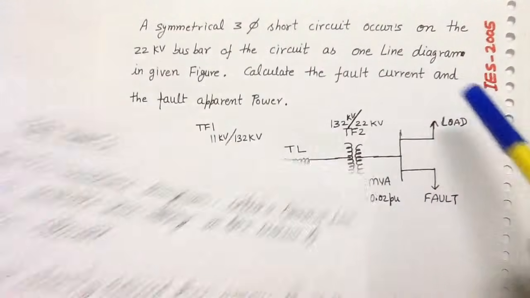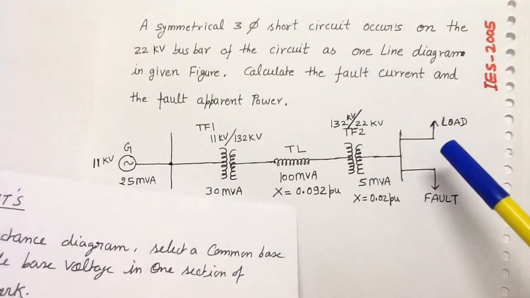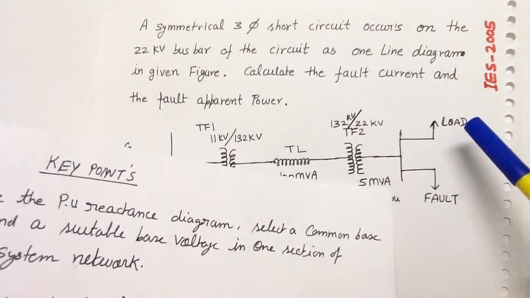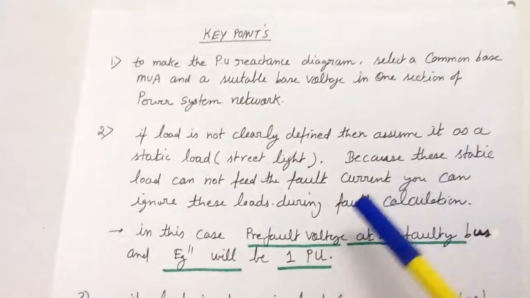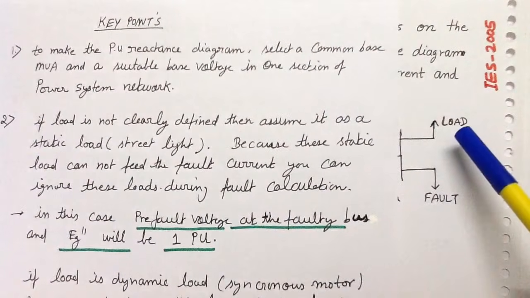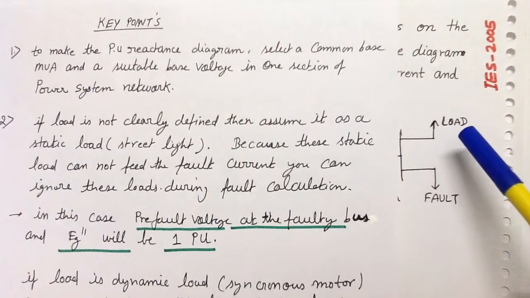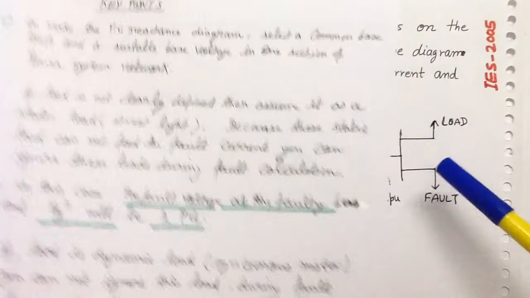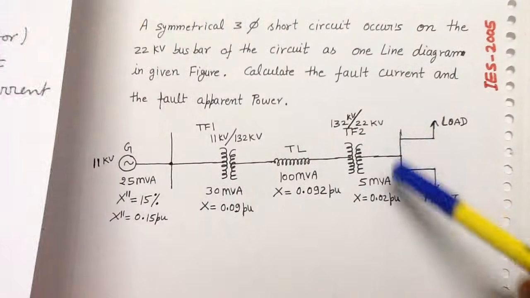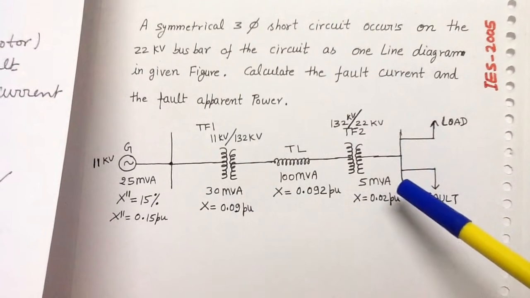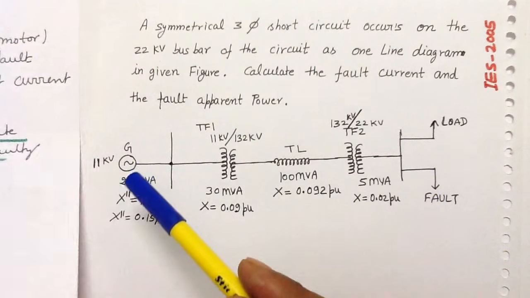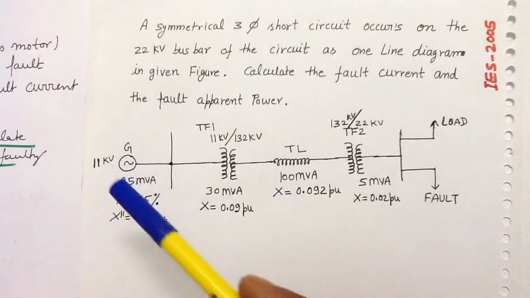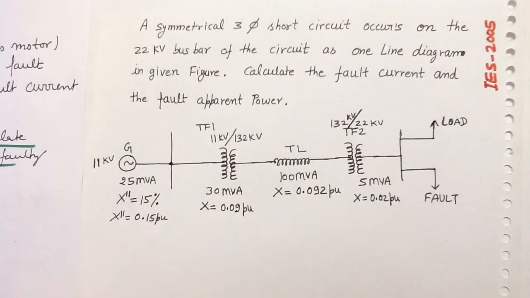Here, the examiner has not specified the load clearly, so I am assuming this load to be a static load, and therefore the pre-fault voltage at the faulty bus I have considered 1 per unit, and the internal voltage of the generator is 1 per unit.